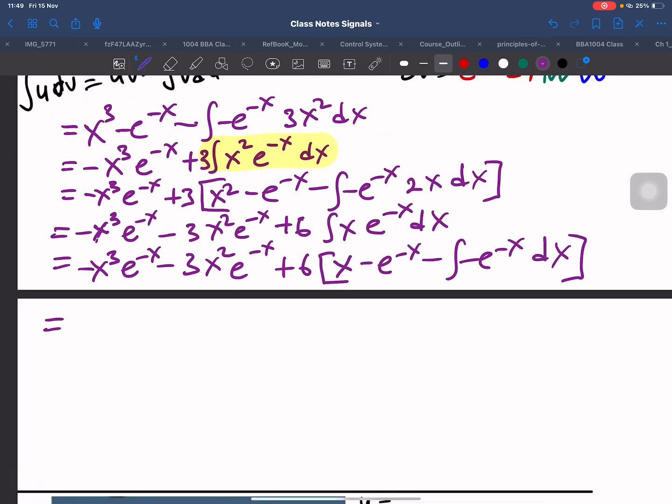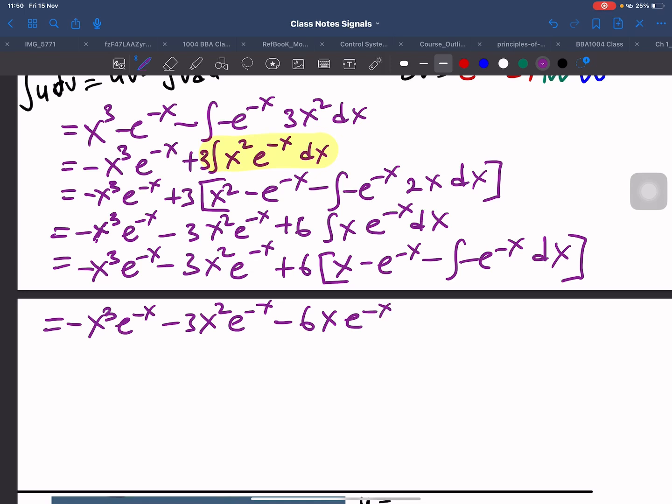So now we rearrange again: minus x cubed e raised to power minus x plus 3x squared e raised to power minus x plus 6, which should be distributed to... sorry, where did I put plus here? It's going to make a mistake. Yeah, okay. Now this 6 will be multiplying the values in the brackets. So if 6 multiplies x minus e, it's going to be minus 6x e raised to power minus x.